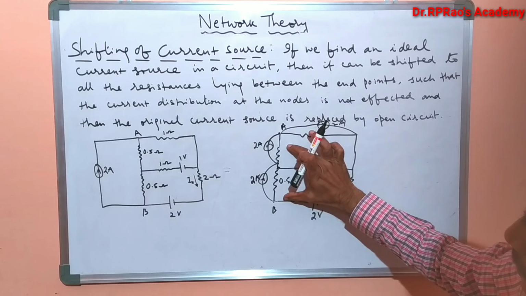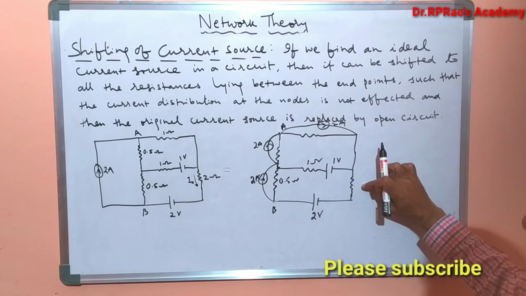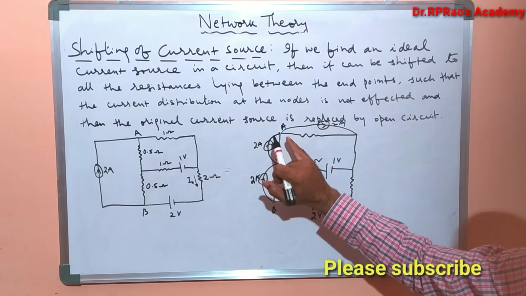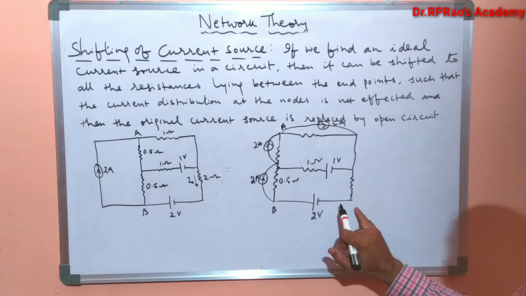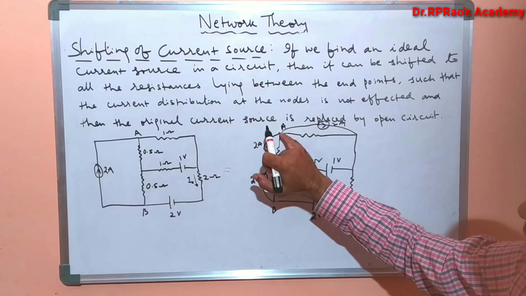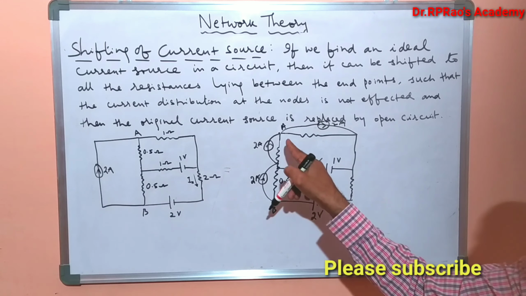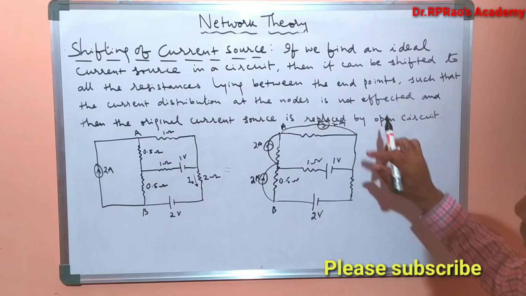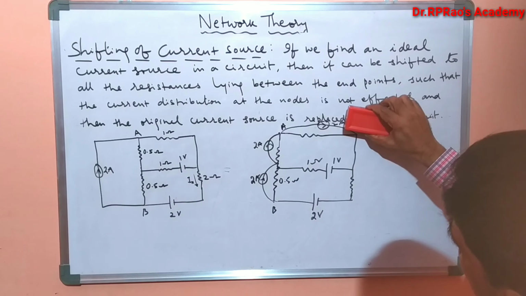So these two are lying between A and B, and these two are also lying between A and B. But the 2 ampere source cannot be shifted to these resistors. Why? Because it is affecting the current distribution at node A and node B also. So this is not allowed.